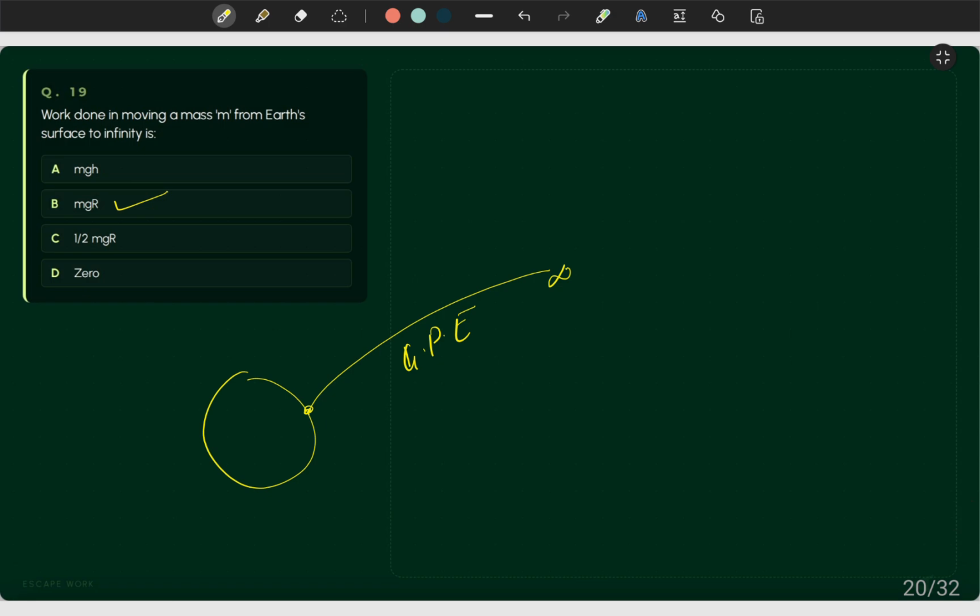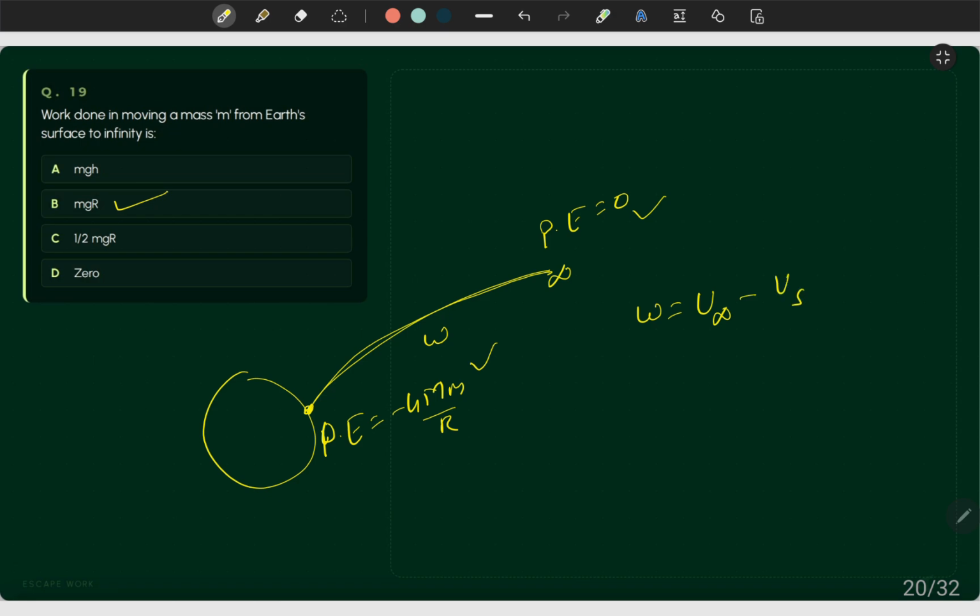Or by the concept of formula, you can calculate that at infinity the gravitational potential energy is 0, and at this point the gravitational potential energy is minus GMm by R, and work done to bring from here is the difference between these two terms. That means W is equal to potential energy at infinity minus potential energy at surface.